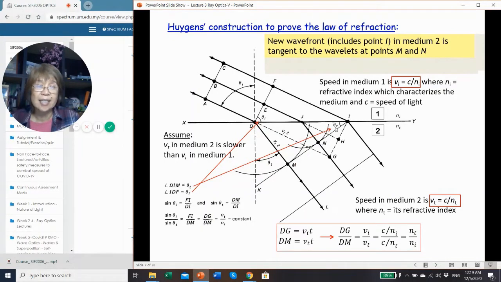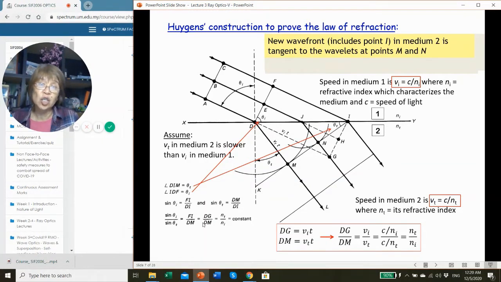Now let's look at theta t. Sin theta t would then be equal to DM over DI. Then we take the ratio of sin theta I over sin theta t. That will be equal to this expression divided by this expression. Now you'll find that DI cancels off. You have FI over DM, and FI is equal to DG.